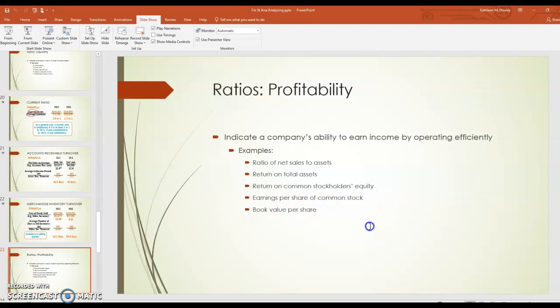We would also look at things like the net income divided by sales, which we already looked at in our horizontal analysis, but that would also be considered a profitability ratio that we would look at.